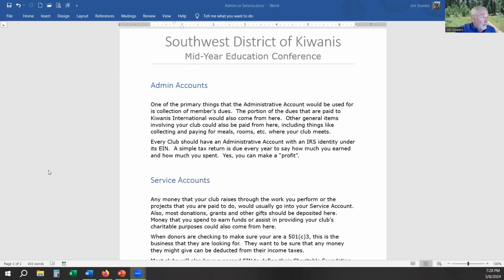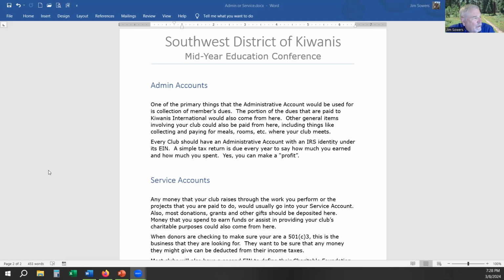I don't know the specific situation that they may be referring to. Most clubs already have two, should have two. If you don't have one, you're one of the few. And if you don't have one, it's almost certainly the foundation side or the service side that you do not have.